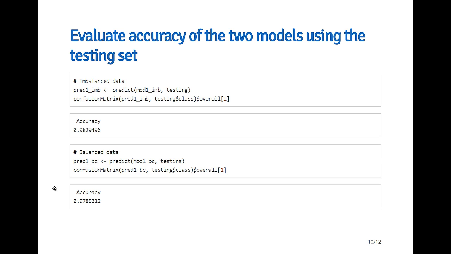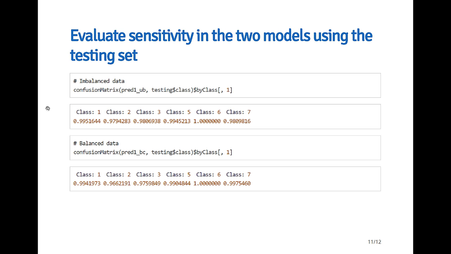As the overall accuracy can be misleading as performance metric, it is advisable to evaluate other measures. Here I'm using sensitivity, which is also known as producer's accuracy in remote sensing. We see that the producer's accuracy of class 2 was lower in the balanced model than in the imbalanced model.